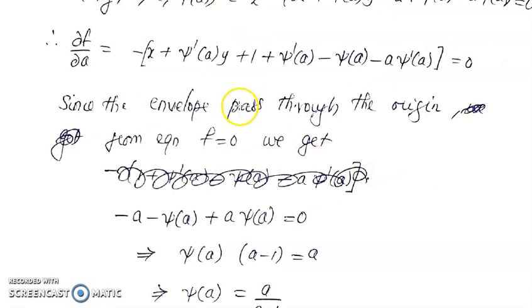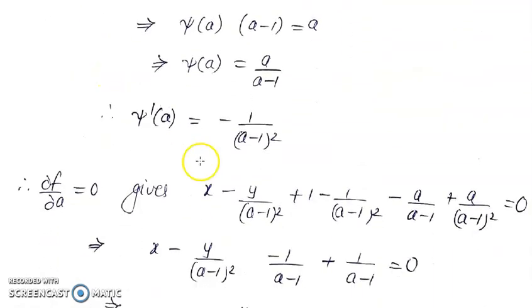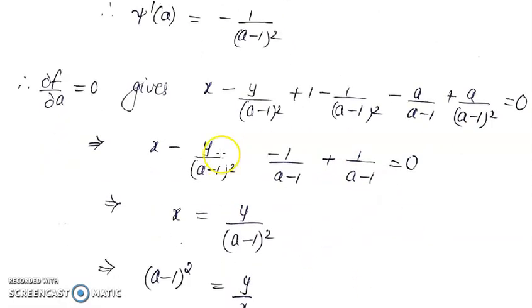Now substitute ξ and ξ' in this equation, and then eliminate a from that. So on substituting ξ and ξ' in the equation ∂f/∂a = 0, we get x - y/(a - 1)² + 1 - 1/(a - 1)² + a/(a - 1) + a/(a - 1). Now simplify these terms. When the four terms are simplified, you will get it in this form.